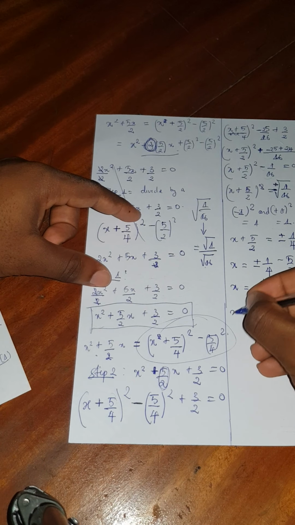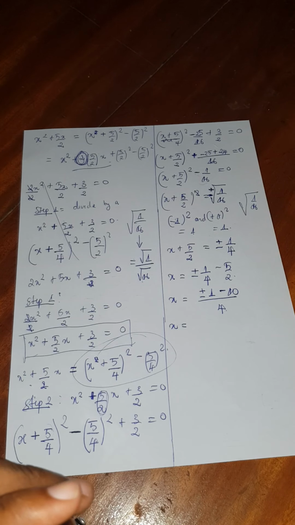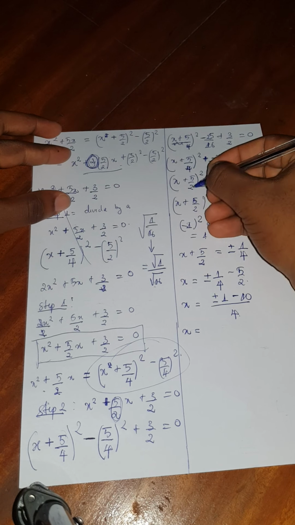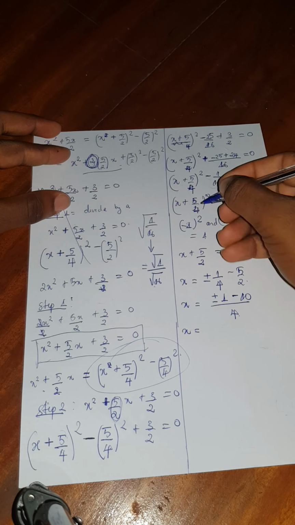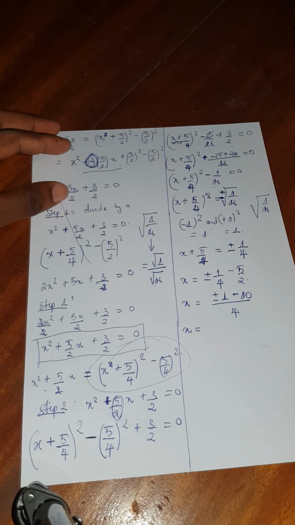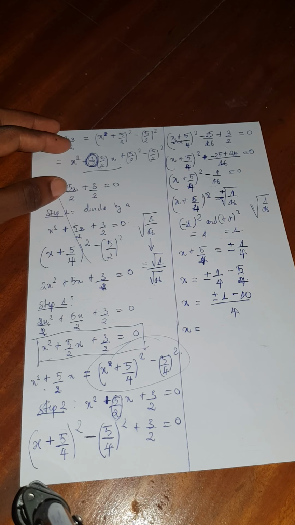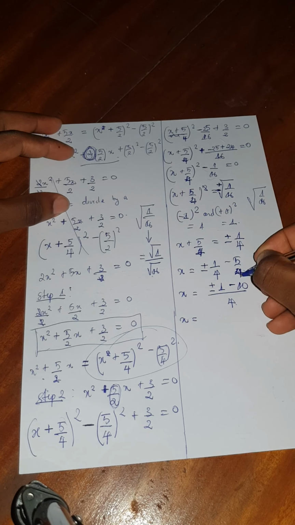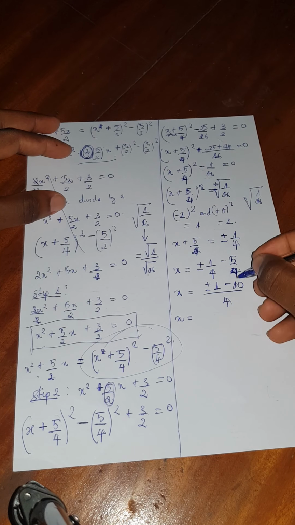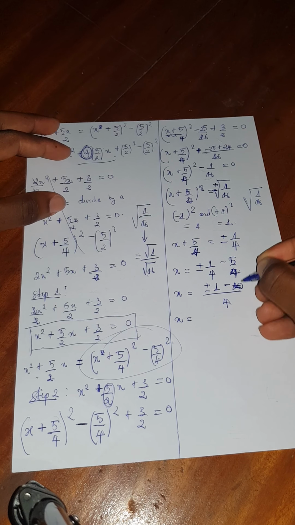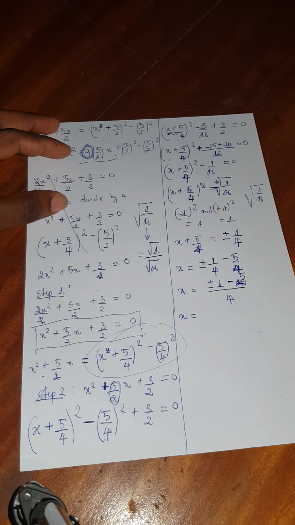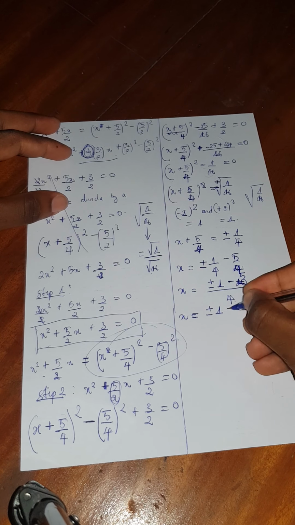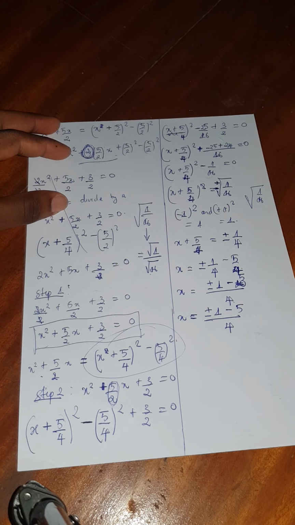Now I can have x equal to... So there's one error right up here. When you continue here, you have negative 4 and you have 4 here. This 4 here is going to give you instead 5 when you divide. So you're going to have x equals plus or minus 1 minus 5 all over 4.